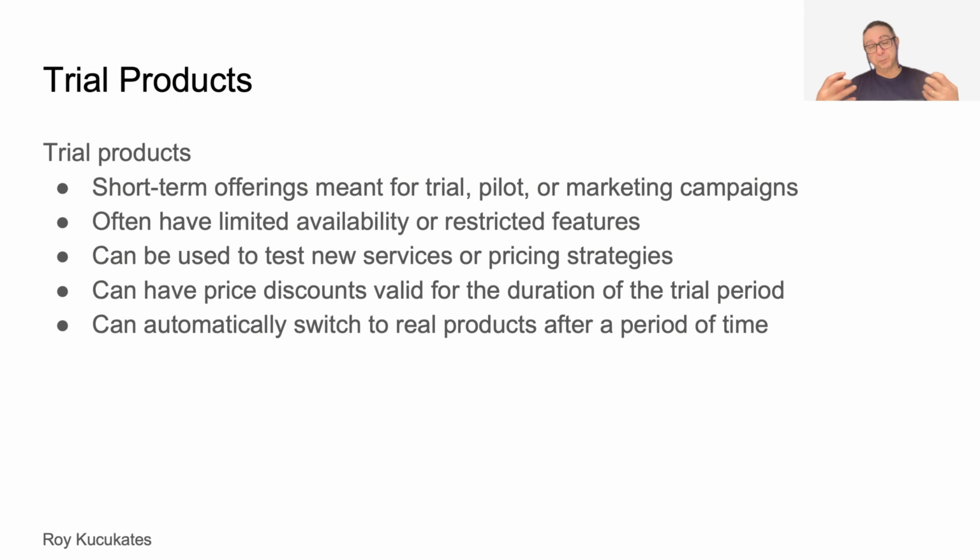The association between the trial product and the real product is important, because the expiration of the trial product is not just to terminate the service, it is for replacing it with a new real product service. That's the tricky part of trial products, and we will see them in our following chapters.